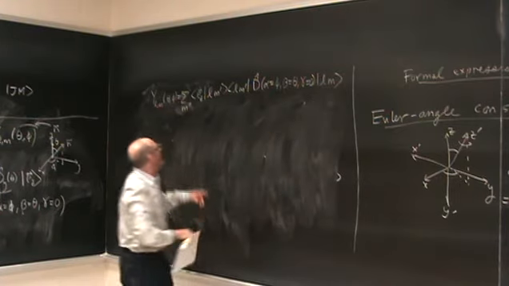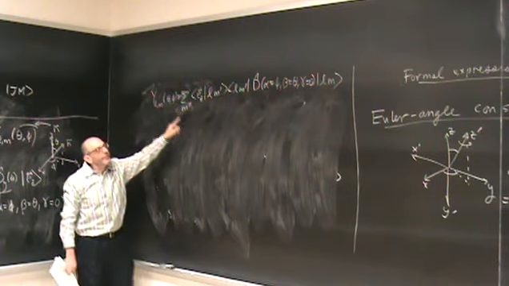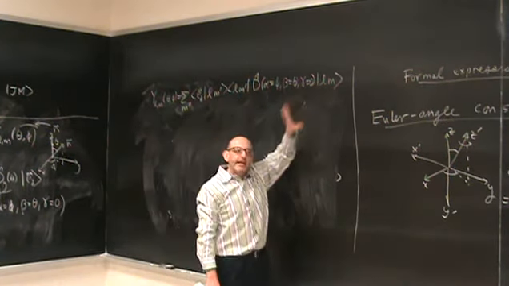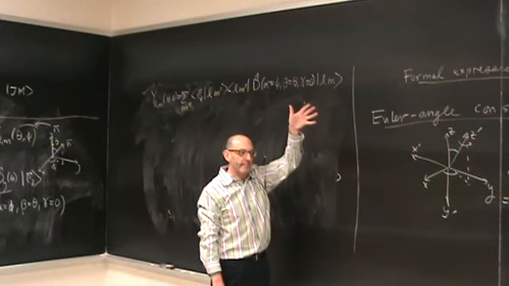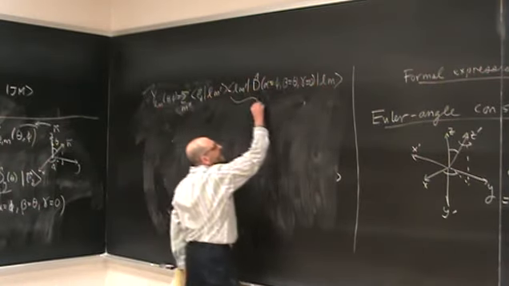Why don't I have that sum over L? The reason is that the rotation matrix maintains the magnitude L. It only changes the direction n. Okay, what is this?